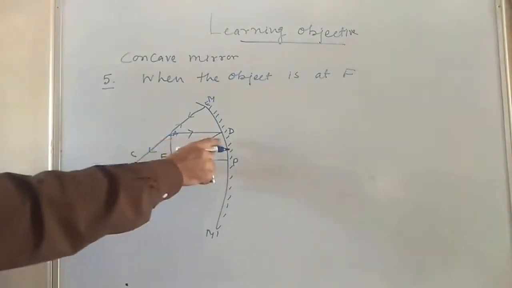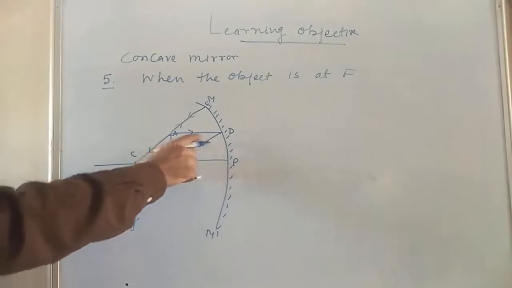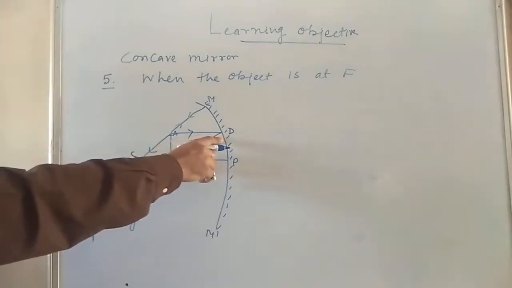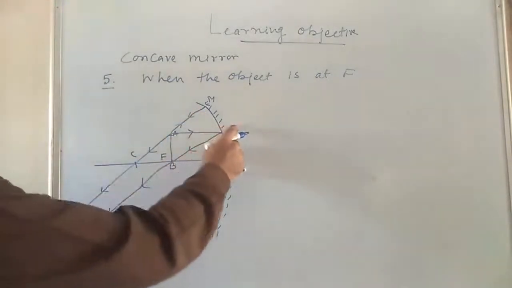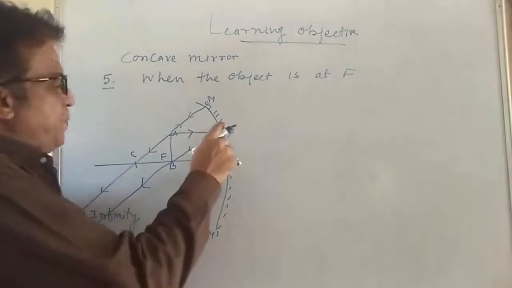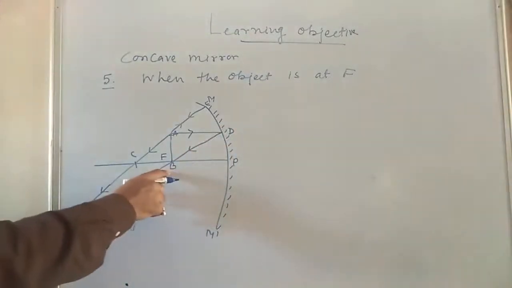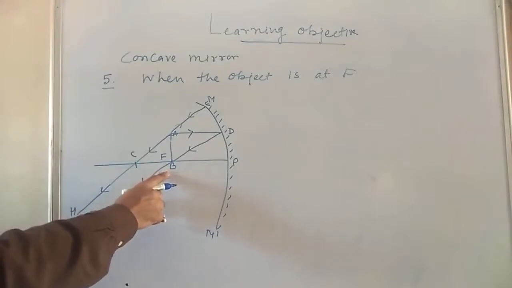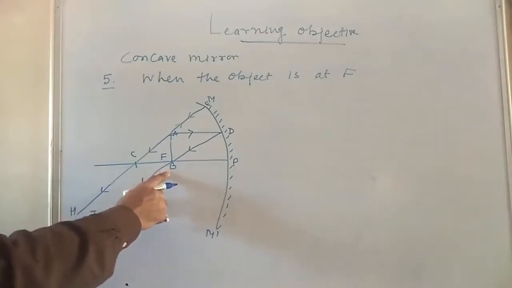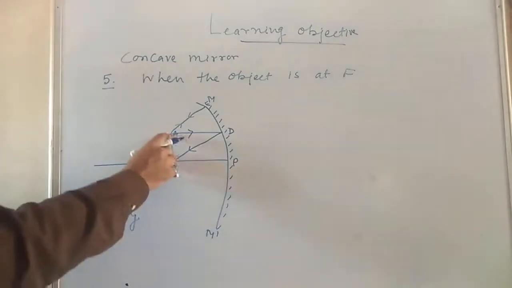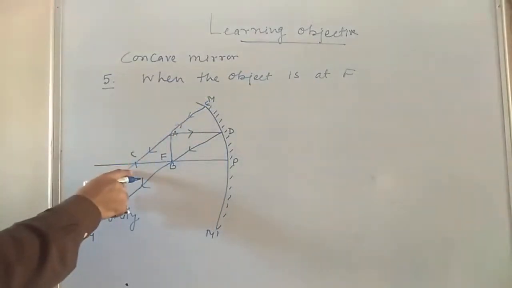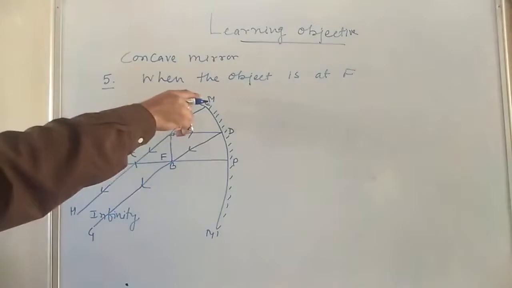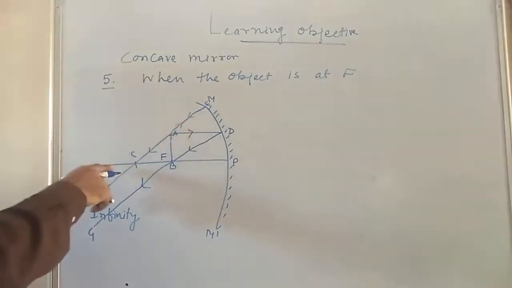A ray of light AD starting from A falling on the mirror at D in a direction parallel to the principal axis is reflected at D and passes through the focus from a point B. Okay, so you can see, my dear children, like this. And another ray along AE passes to the center of curvature at C. As this ray falls normally on the mirror, it retraces its path.